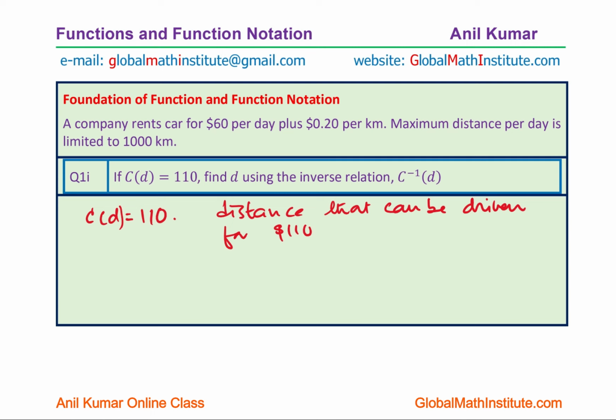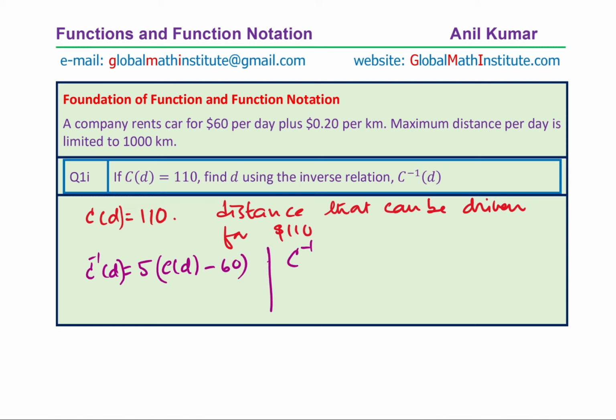So in our equation of C inverse D, let's rewrite the equation, which is equal to cost minus 60 times 5, right? Let me write 5 here. So since we want to find C inverse of D for $110, we'll say 5 times 110 minus 60, correct?